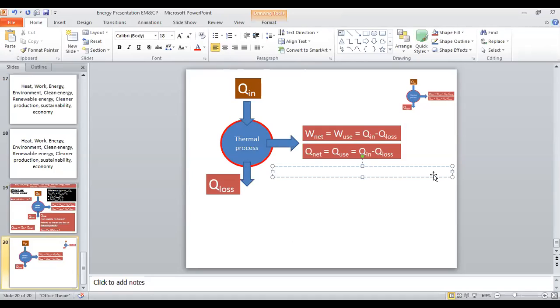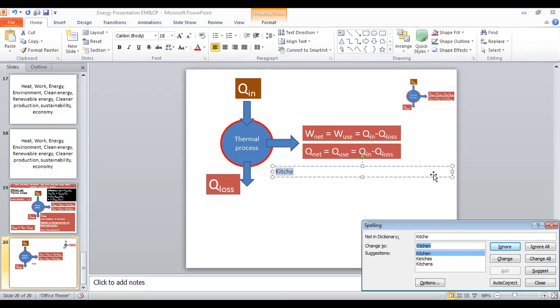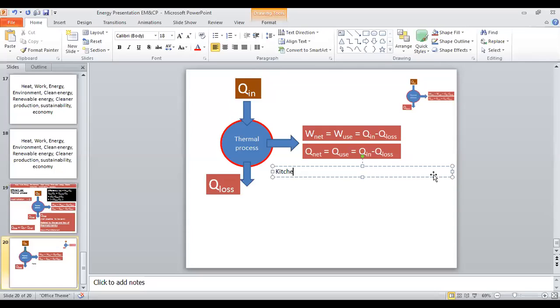Okay, let's see. If you take industry-wise, or services-wise, we will start from simple. Kitchen. You will see many.